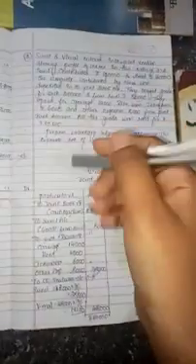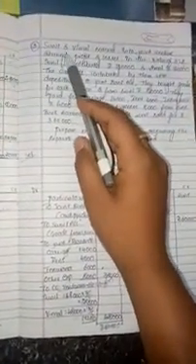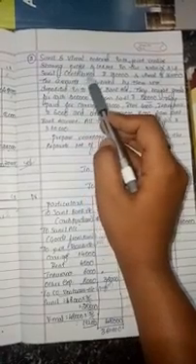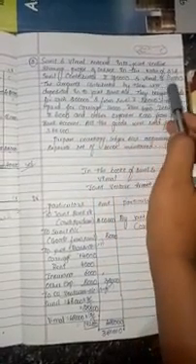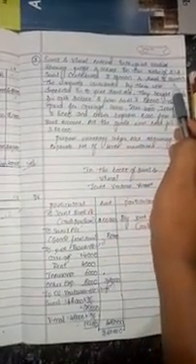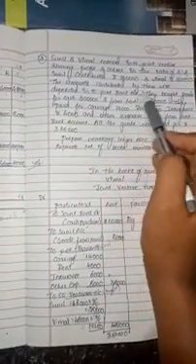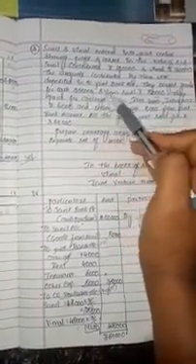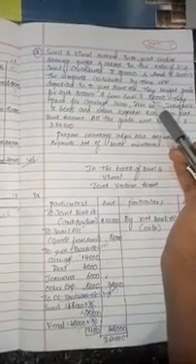We'll see one more problem. Sunil and Vimal entered into a joint venture sharing profits and losses in the ratio of 3:2. Sunil contributed rupees 1,20,000 and Vimal rupees 1,60,000. The amounts contributed by them were deposited into a joint bank account, and they bought goods for cash rupees 2 lakh and from Sunil 80,000.